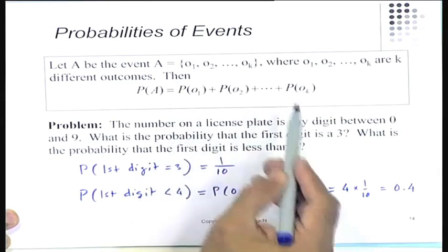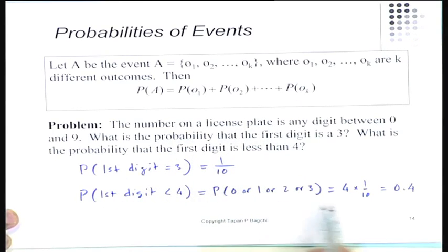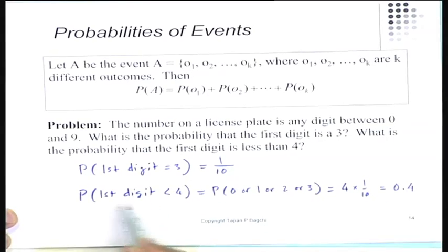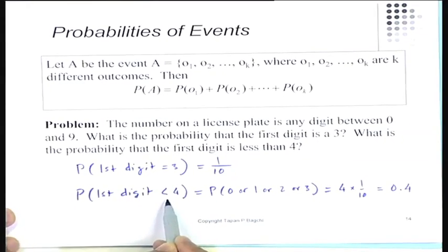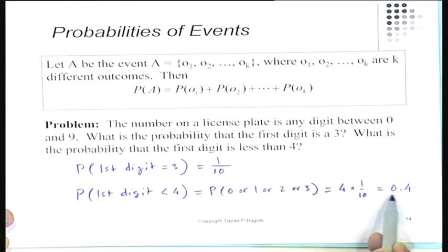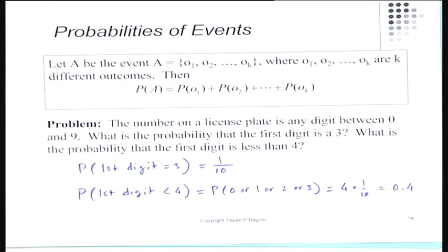Because there are 10 numbers, any one of them would have the probability of appearing of 1 by 10, and there are 4 such events and they are all disjoint. In that case I can add their probabilities, and the probability of the first digit being less than 4 is going to be 0.4. Quite easy to work out.